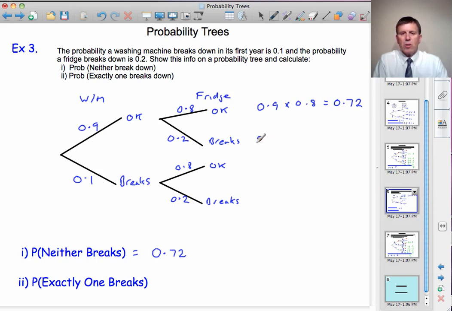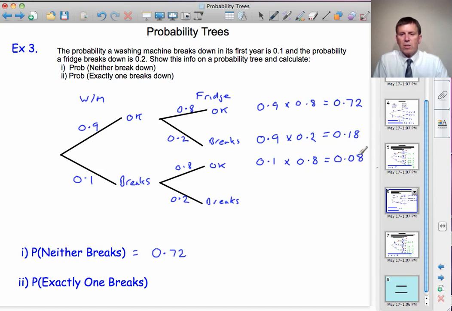So this one is 0.9 multiplied by 0.2, which is 0.18. And the second one is 0.1 multiplied by 0.8. 1 8 is 8, but two figures after decimal points in the question, so two figures after decimal point in the answer, 0.08.